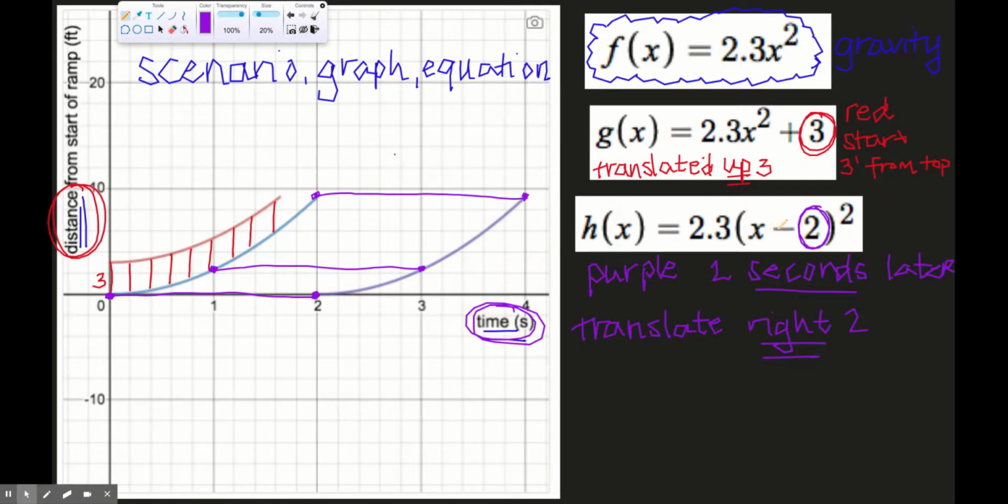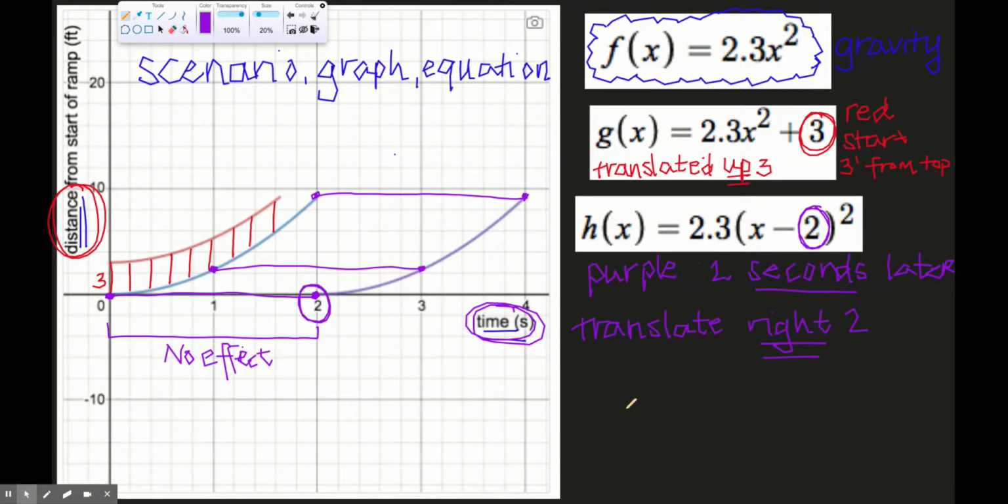Notice here that I subtracted 2 to translate it to the right. I think about it as if at 2 seconds, I need to know that those first 2 seconds didn't count. I have to get rid of these 2 seconds because gravity had no effect there. Nothing was happening on the ball for those 2 seconds.